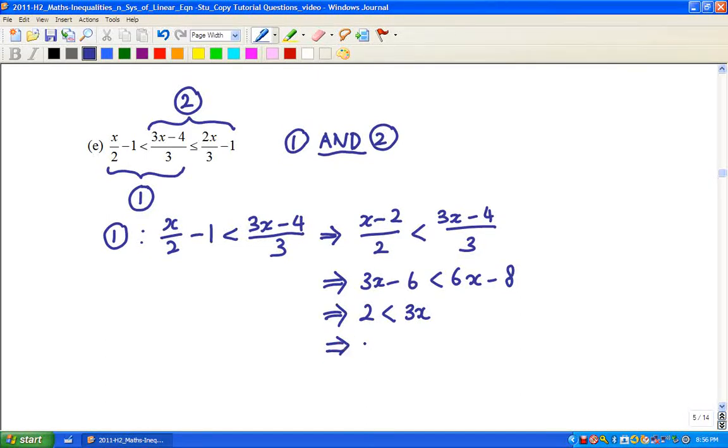Solving the first inequality will give us x to be greater than 2/3.